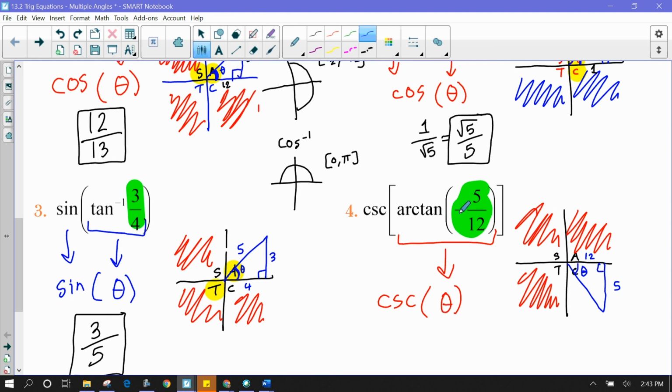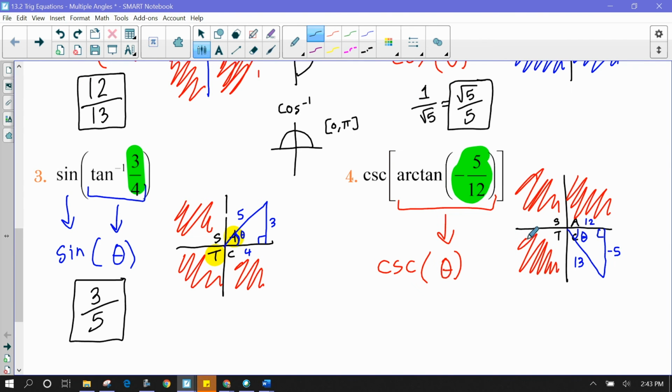Now notice that there's a negative there, so I have to pick which one is going to have the negative. Since 5 is going down, it's in the negative y direction, so our 5 should be negative, and 12, since it's in the positive x direction, should be positive. Once I do the Pythagorean theorem, I figure out that the missing side is 13.